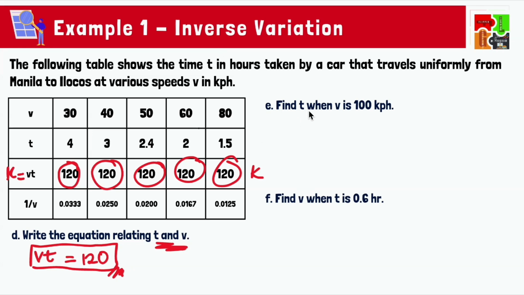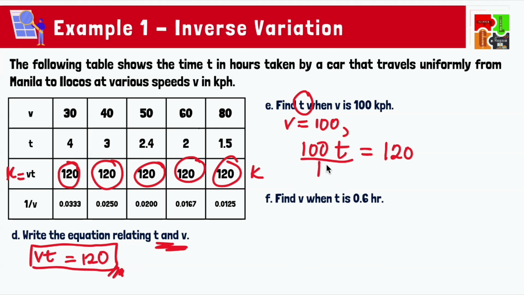Now, find t when v is 100 kilometers per hour. So, paano mahanap yun? Of course, we use the formula. Pinalitan ko yung v ng 100 times t equals 120. So, finding the t, isolate natin tong t sa left-hand side.